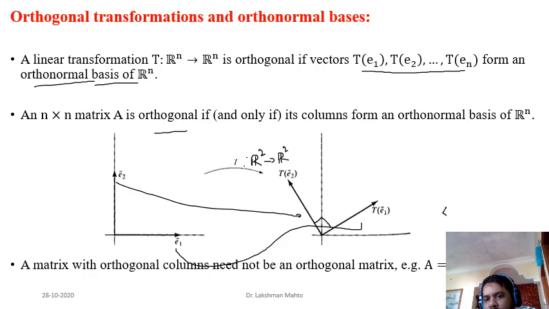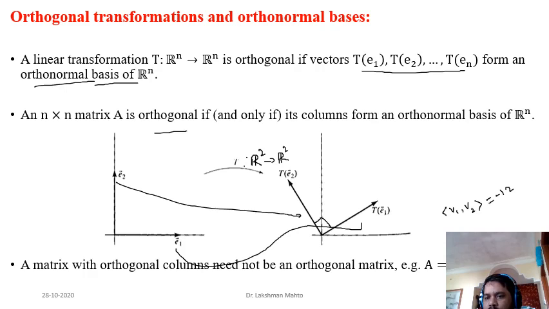Call the first column V1 and the second column V2. If you want to calculate the angle between these two, just do the dot product or inner product. If the basis is not mentioned, always calculate the inner product with respect to the standard basis.